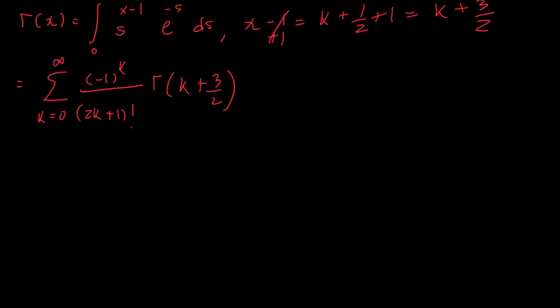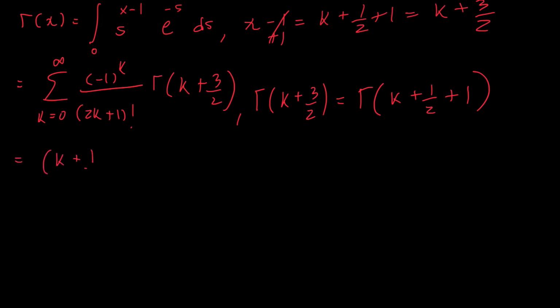So now from here, we know that gamma of k plus 3 halves is the same thing as gamma of k plus a half plus 1. And using the properties of the gamma function, that's the same thing as k plus 1 half times gamma of k plus a half.